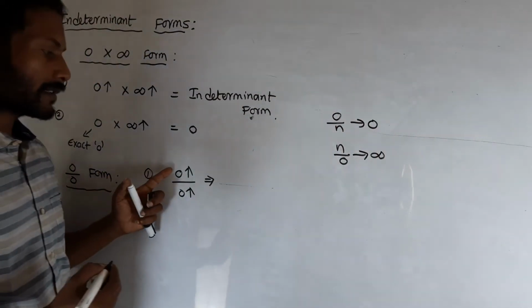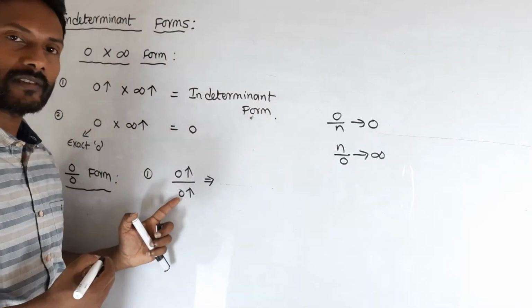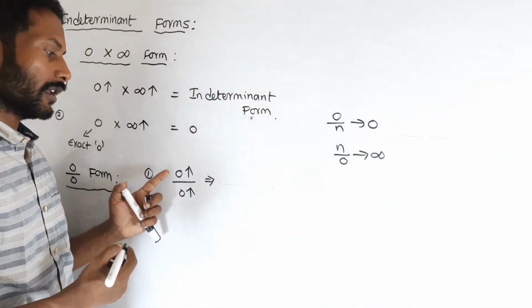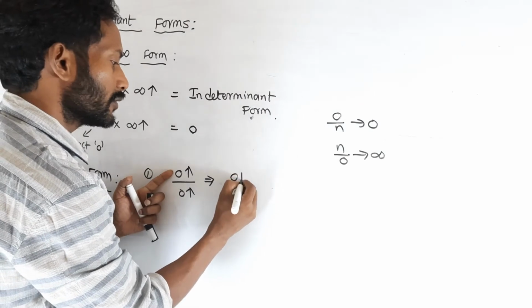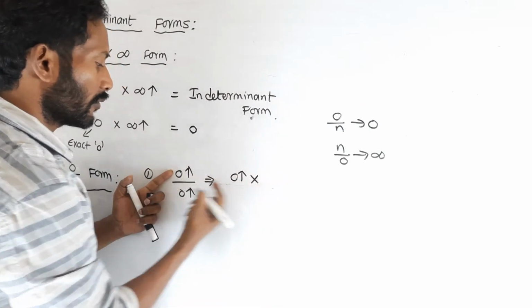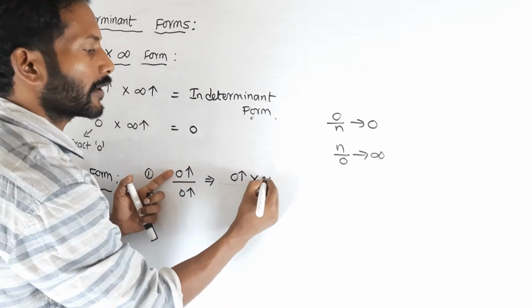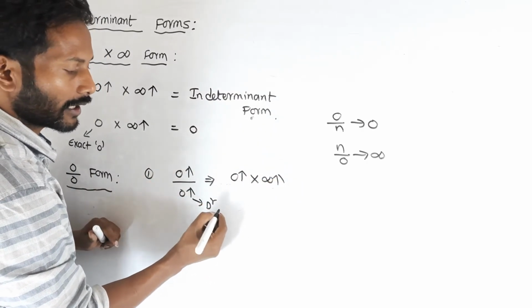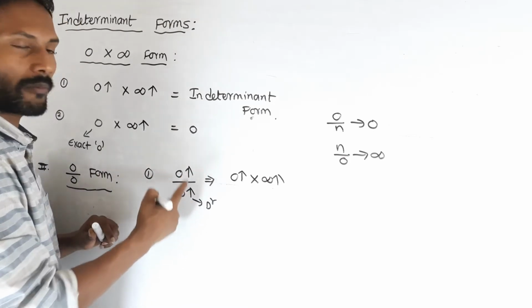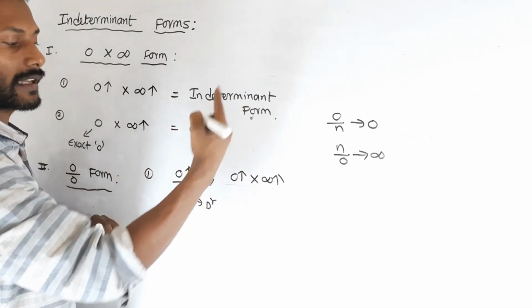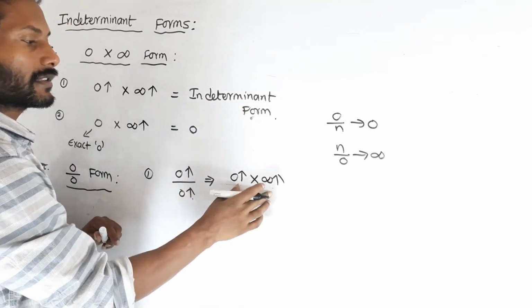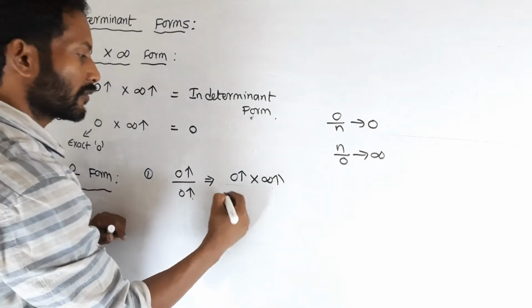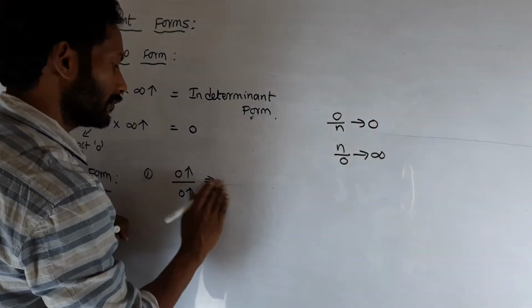So numerator approaches 0 and denominator approaches 0. Modify అనుకోండి, 0 into 1 by 0. 1 by 0 is infinity, both are same. Here denominator approaches infinity, 1 by 0 means denominator approaches infinity. So it is indeterminate form.